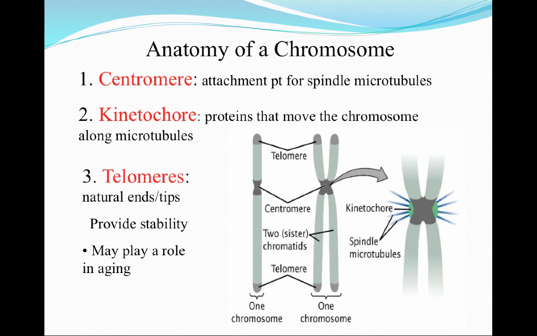Now, we have some current research, as well as some research done in the late 90s, that indicates that telomeres are actually associated with aging. So if you have really good, strong, healthy telomeres, you may not show signs of aging compared to a person that has weaker telomeres.